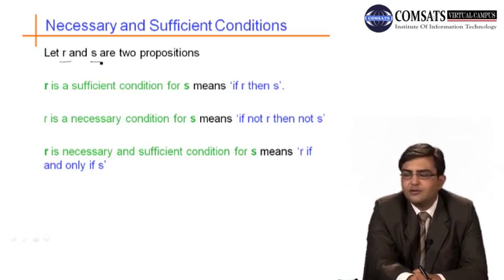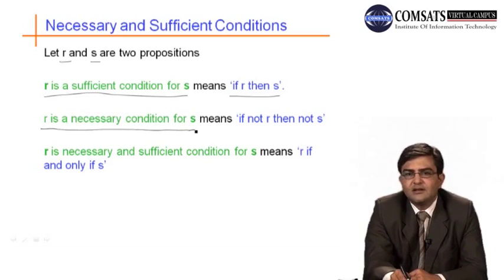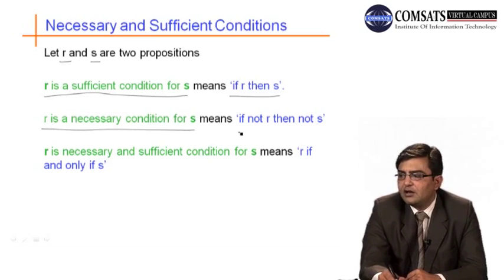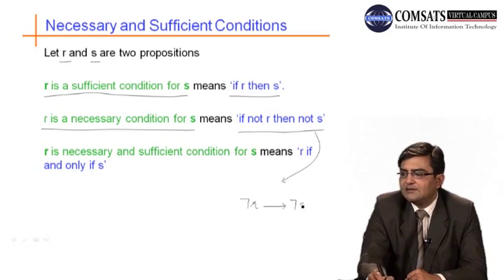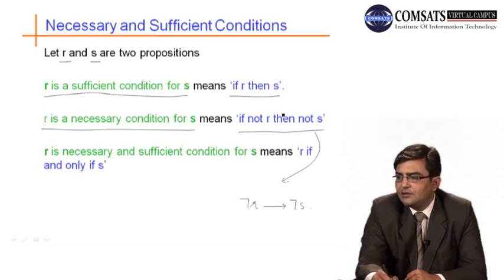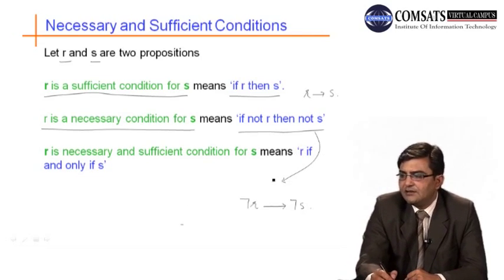If R is a sufficient condition for S, it means if R then S. But if we say R is a necessary condition for S, then we write it as if not R then not S, or if not R implies not S. This is basically the necessary condition, while R implies S is the sufficient condition.